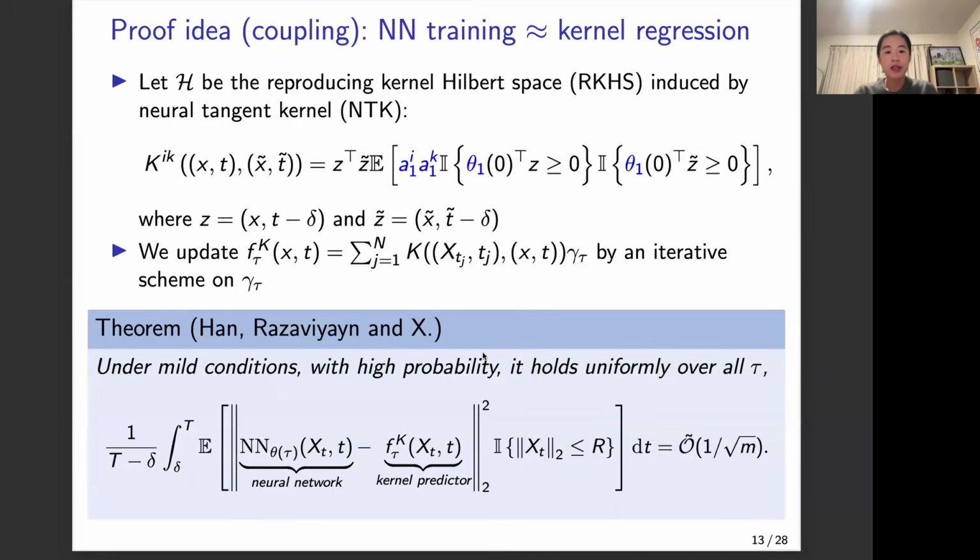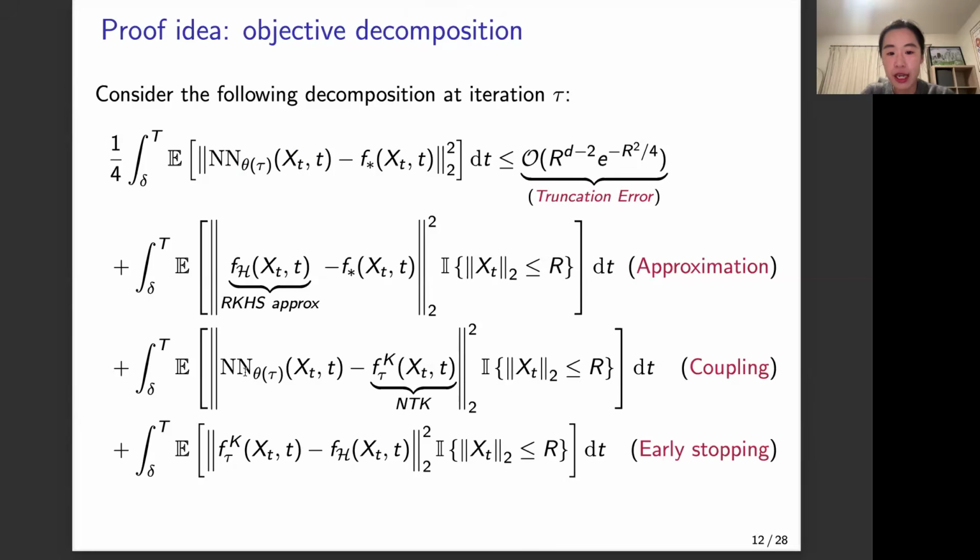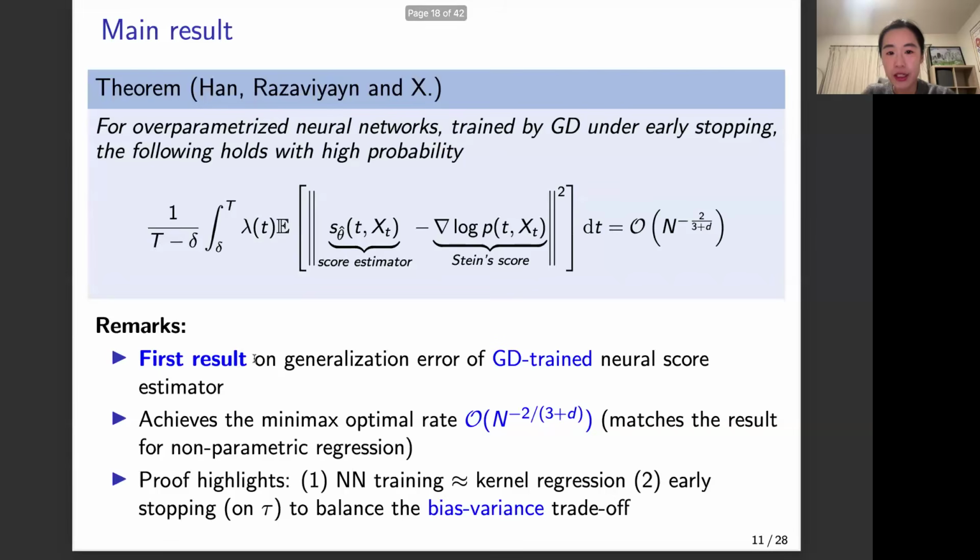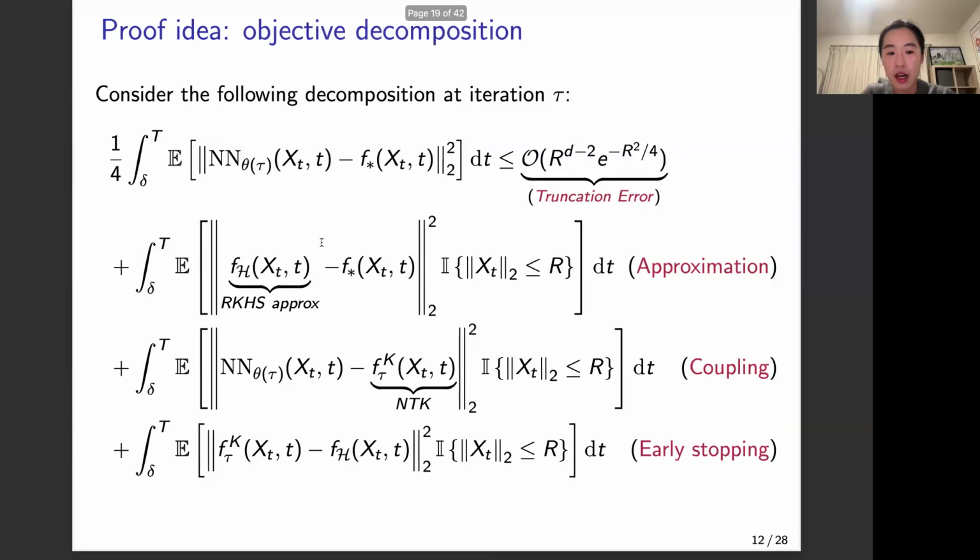That's a good one. The early stopping we take is actually evaluated with the neural network. We look at the evolution of theta tau and then decide whether we want to stop here or not.